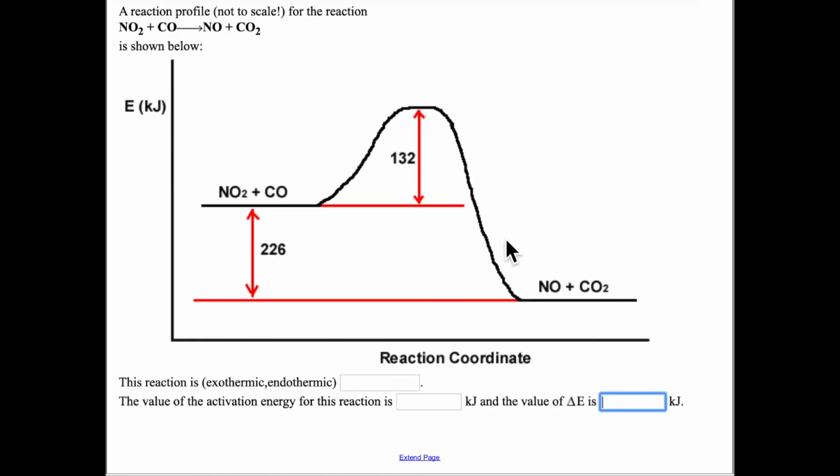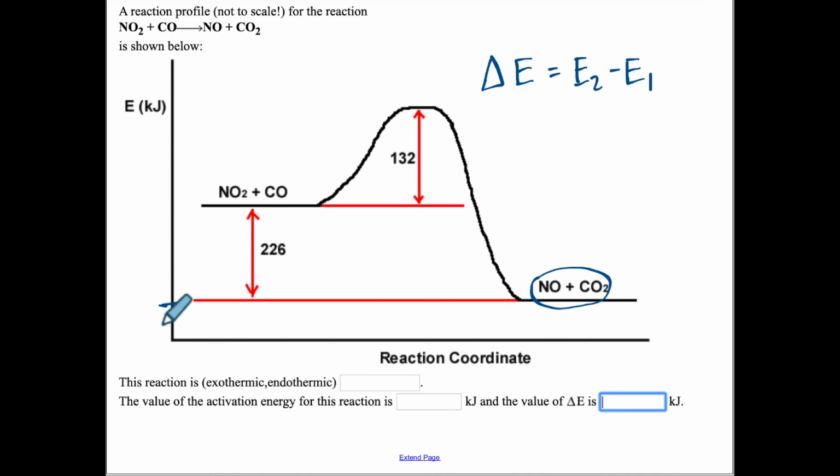So an example like this gives us some numbers on our graph, and we can use them to calculate things. So first, it's asking if the reaction is exothermic or endothermic. A way that we can do that is to calculate the delta E, and the delta E is going to be E2 minus E1, or basically this is the energy of the products and this is the energy of the reactants.